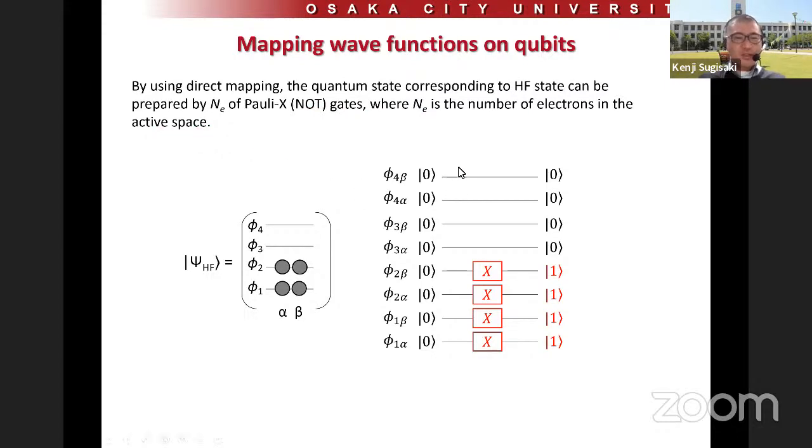The quantum computation starts from the initial state, the zero state, and by applying the Pauli X gate to the molecular spin orbitals that are occupied in the Hartree-Fock basis, we can generate the 11110000 state. So we need N_e Pauli X gates to generate the Hartree-Fock state.